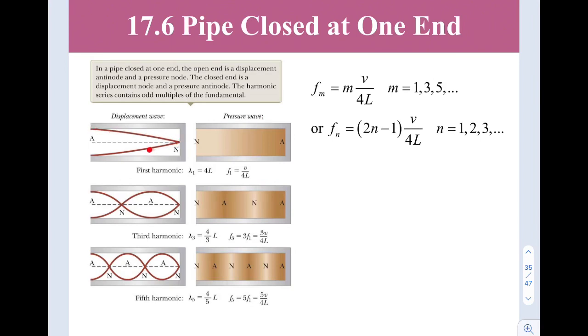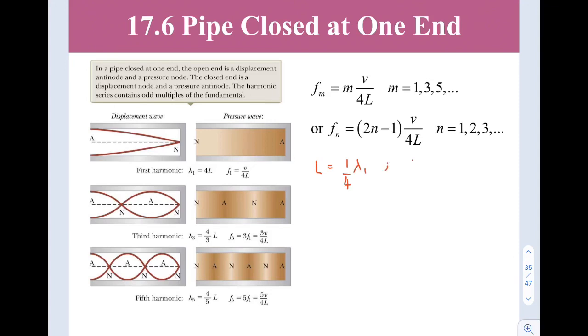So if we observe the shape or the pattern of the harmonic produced, the fundamental or first harmonic produced here is equivalent to 1/4 lambda. So for this pattern, L, the total length of the air column, is equivalent to 1/4 lambda 1.